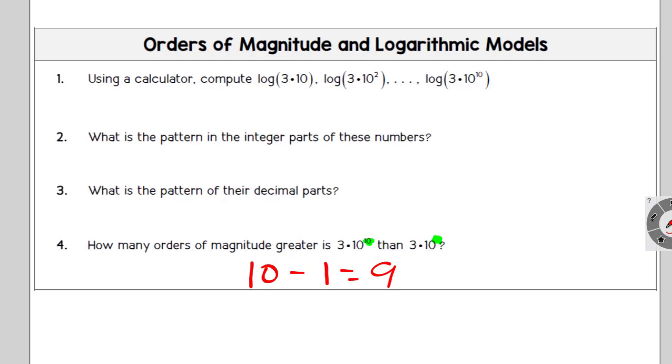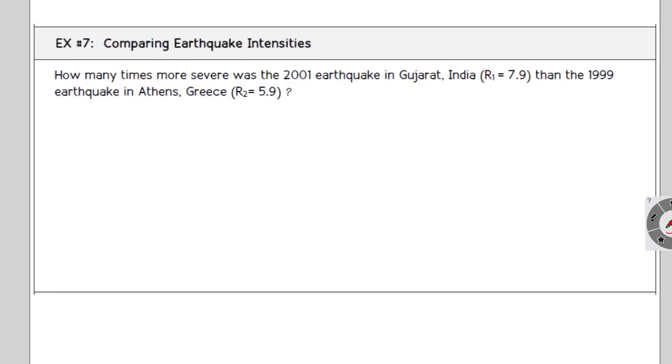So in the next example, we're trying to compare earthquake intensities. How many times more severe was the 2001 earthquake in India, which had a Richter scale value of R1 equals 7.9, than the 1999 earthquake in Athens, Greece, which had a Richter scale rating of 5.9?